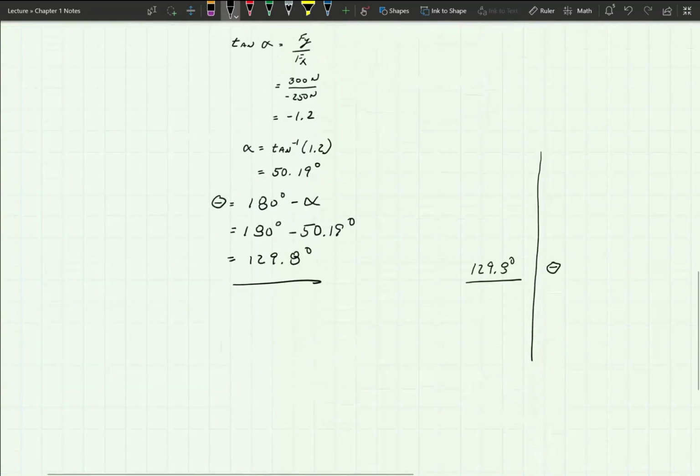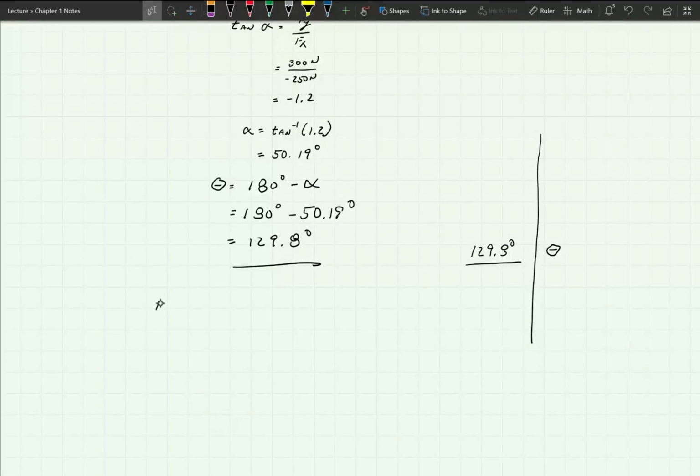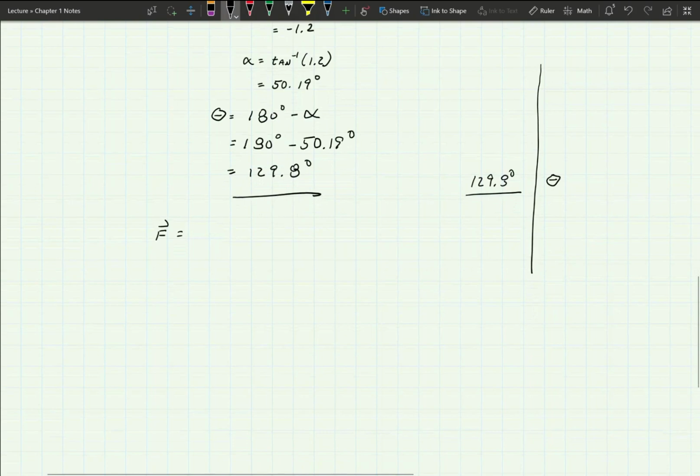So it's relatively simple, and you've probably guessed we're going to use this.